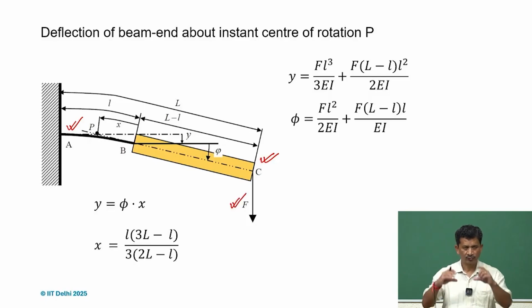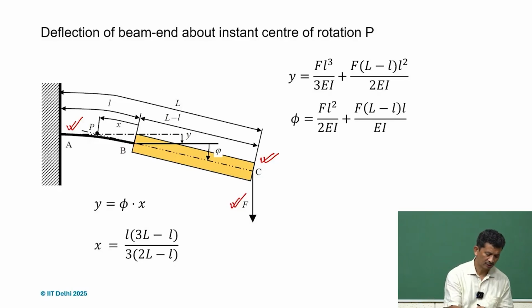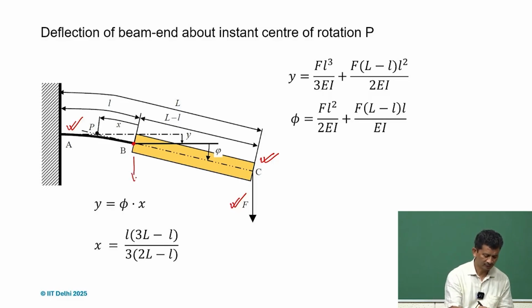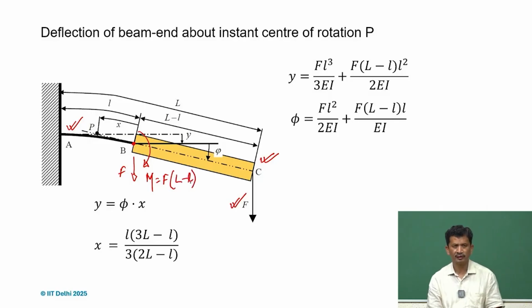Because of the loading, if you check at point B, we have a force F acting at B, and there will be an equivalent moment also acting, which is M, equal to F times capital L minus small l, where capital L is the overall length and small l is the length of the flexure. So this will be the bending moment.